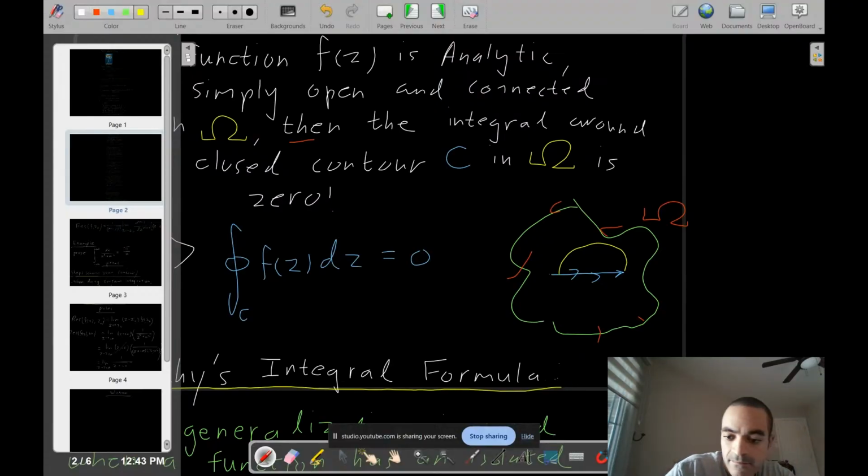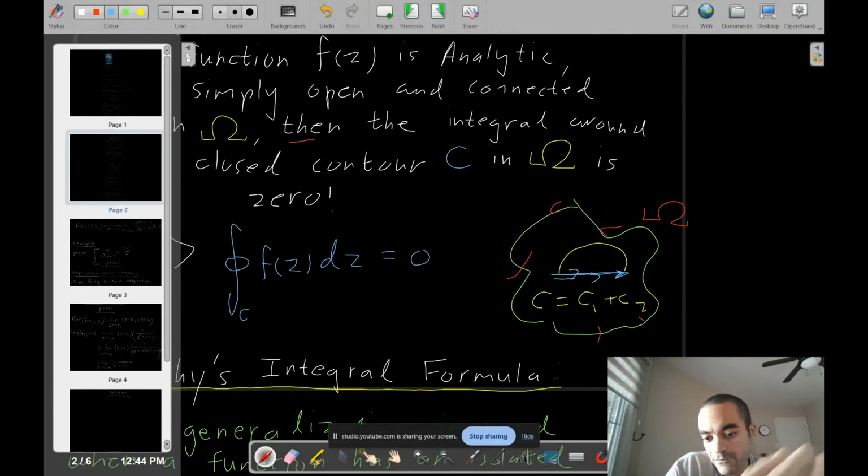Each part of the whole contour C, let's say C equals C1 plus C2, where C1 will be this line here that I've broken up, going from left to right.